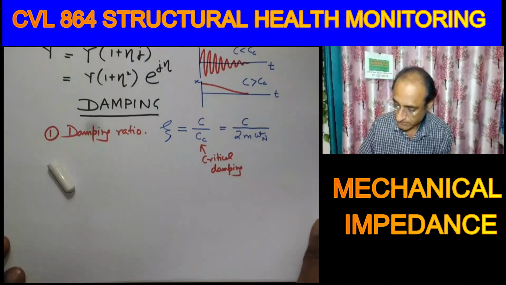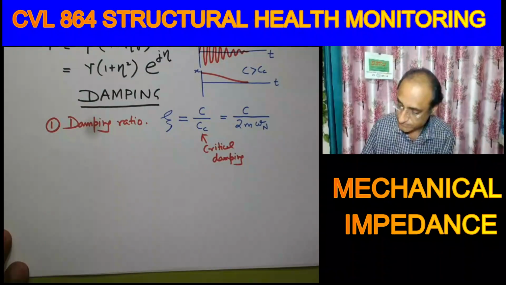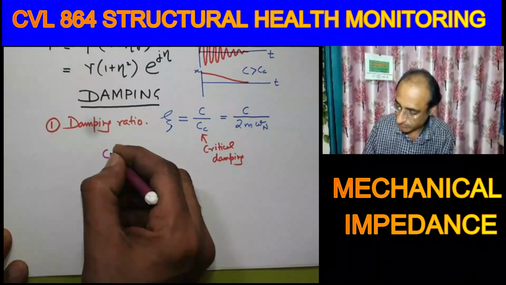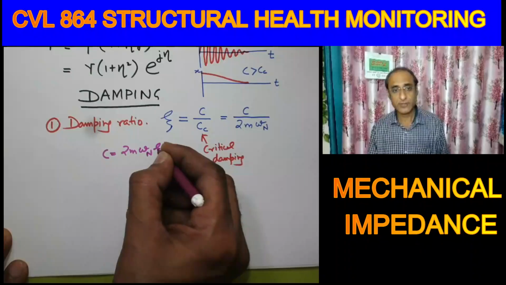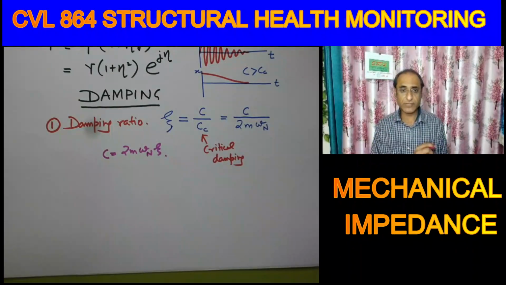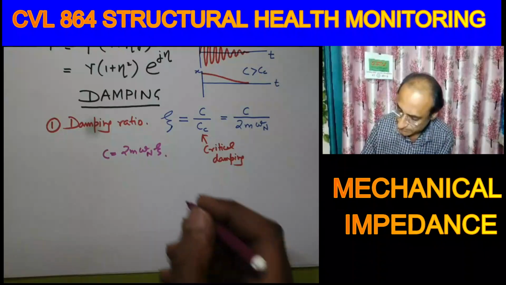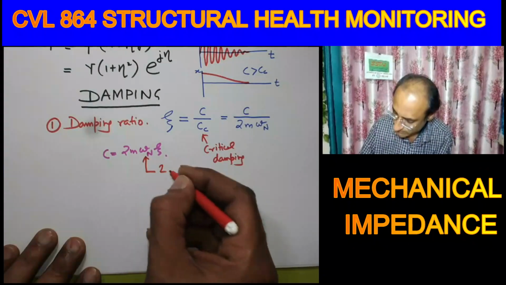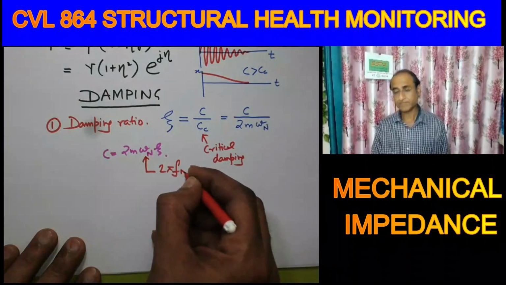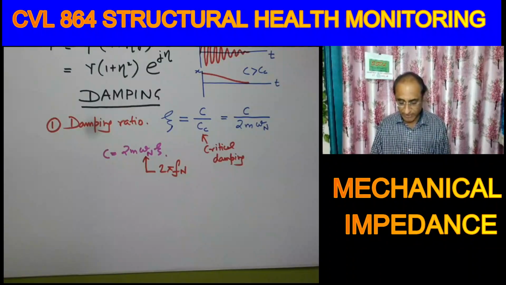So we can write C equal to 2m omega n psi. Alright. If we know the natural frequency of vibration in terms of angular frequency, this is basically 2 pi Fn. Okay.